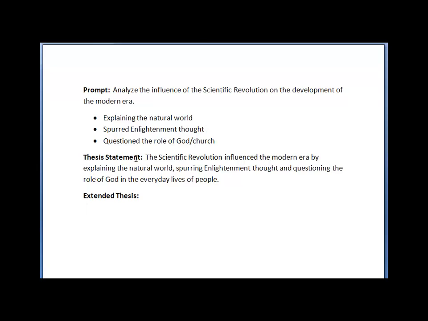I've also got the thesis statement that we built before that incorporated these three main ideas. If you notice, this is one sentence, just a general thesis statement, but it ties back to the prompt, and it touches on the three main categories that we'll talk about in our body paragraphs.